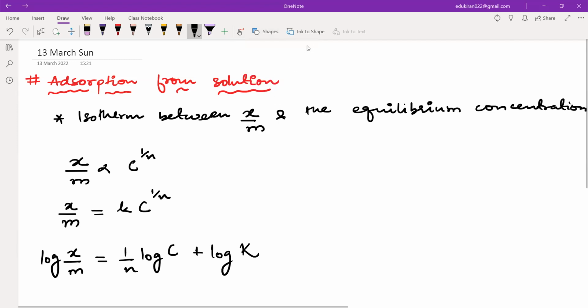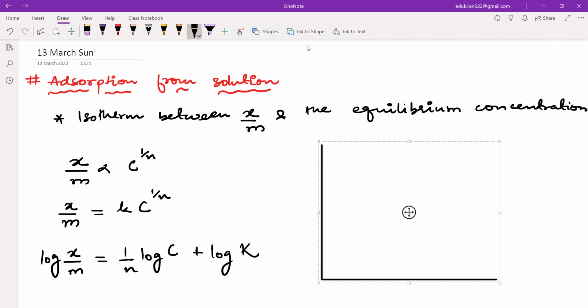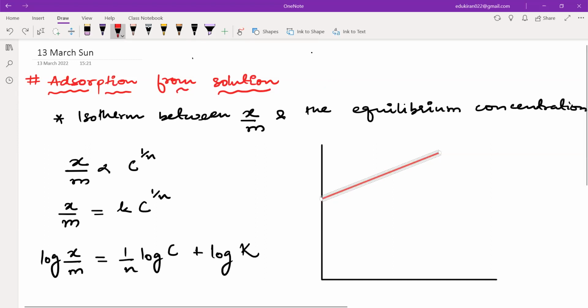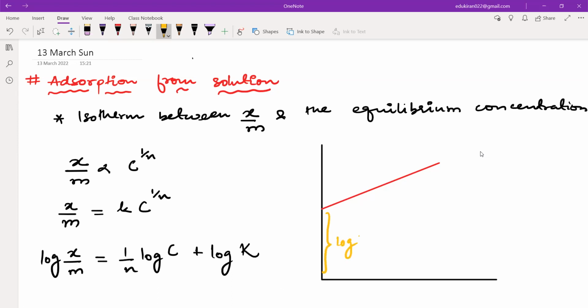So in this, the Freundlich curve will be something like this. So this is my C. The intercept is log k.